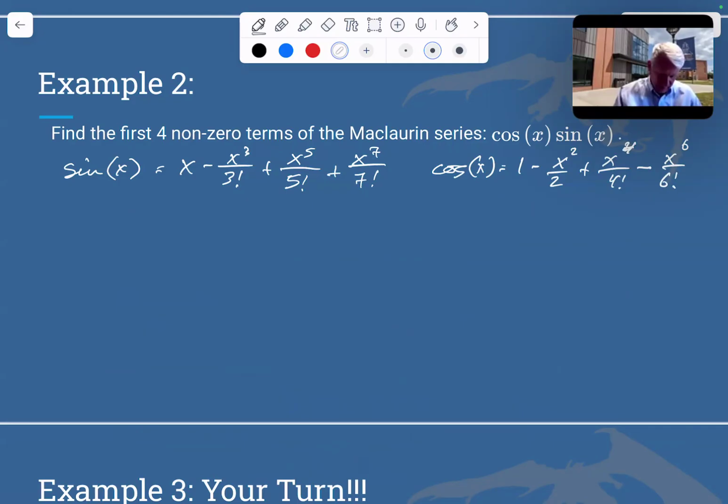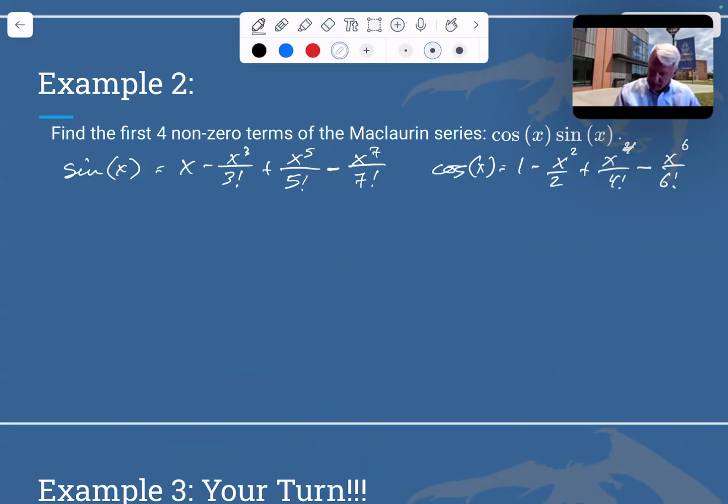I made a mistake with the signs, so it alternates: plus, minus, plus, minus.